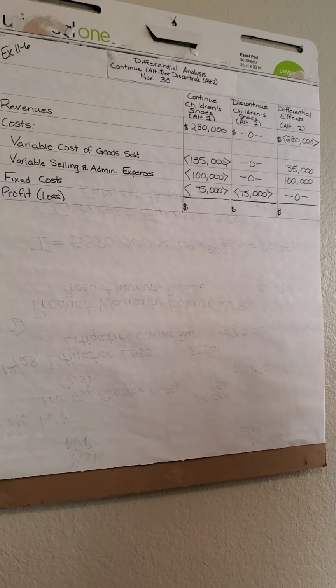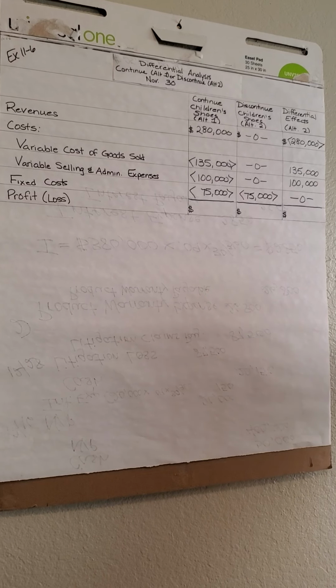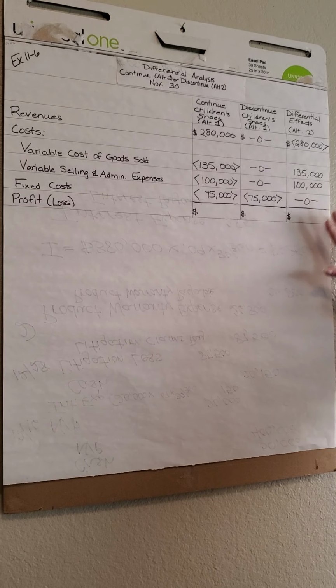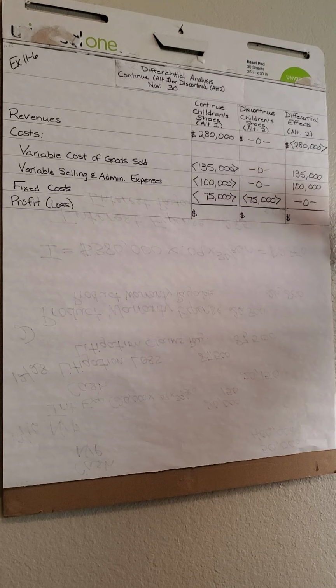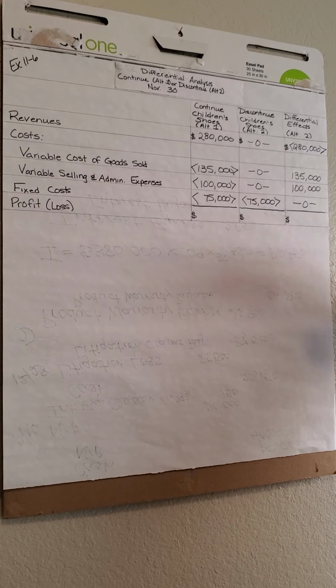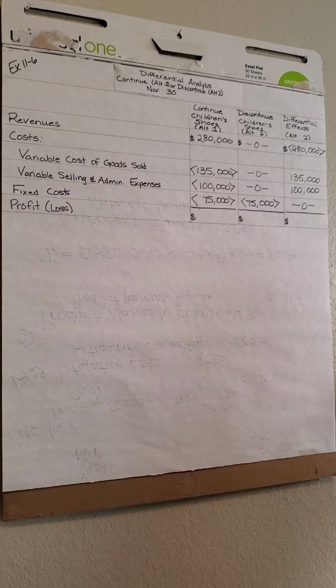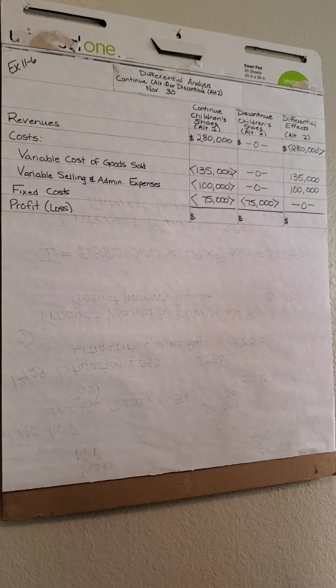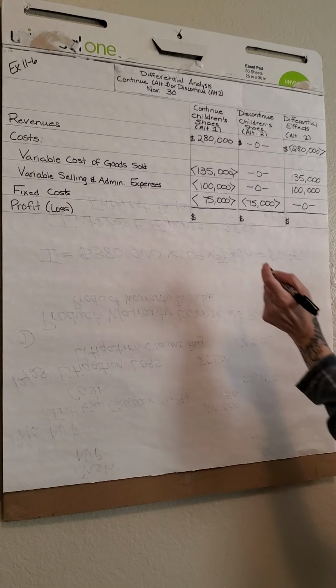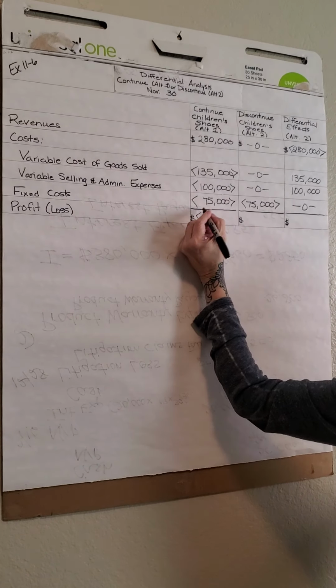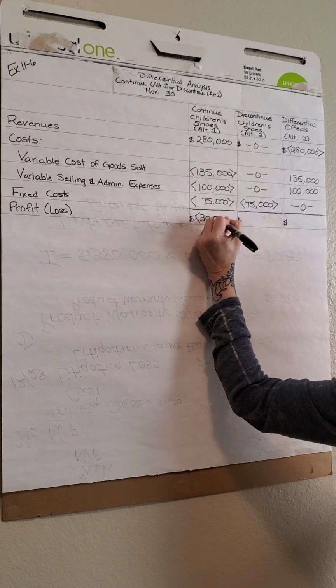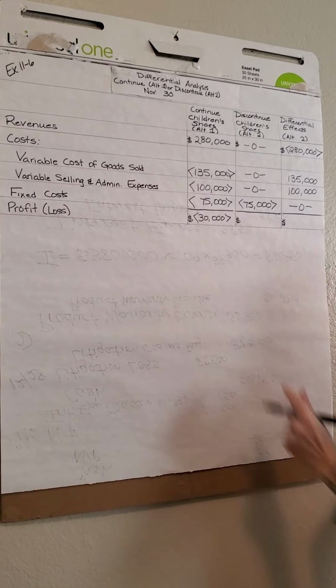0. So when you're doing differential analysis, now we've just broken it down to the incomes and expenses that are going to go away if we discontinue the children's line. As expected, if we continue the children's line, there's that $30,000 loss.